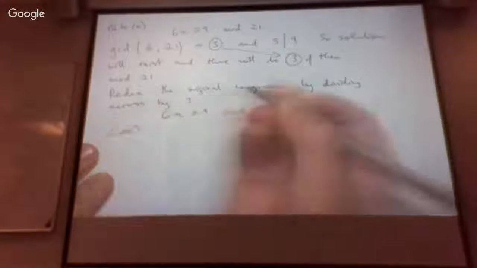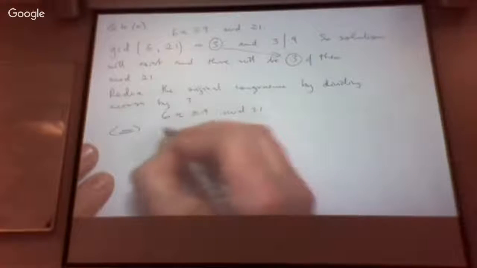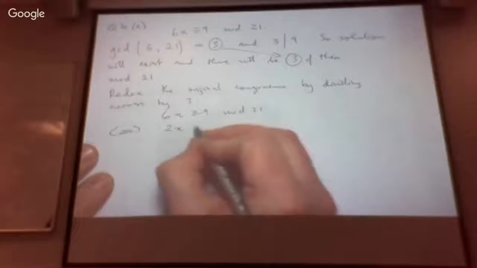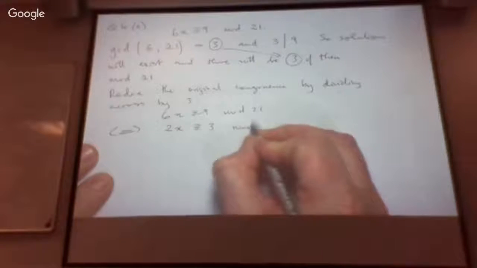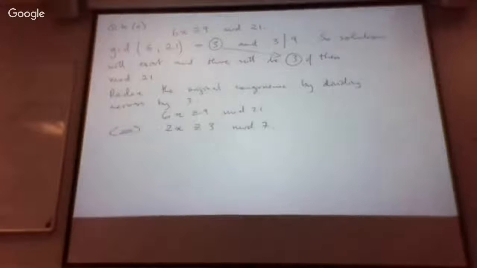This is going to be satisfied by an integer x if and only if the x also satisfies 2x congruent to 3 modulo 7. Okay, so you divide all three parts of the congruence by this GCD.